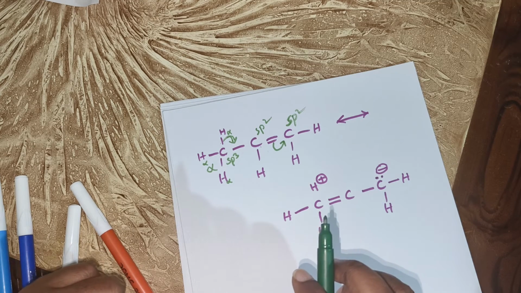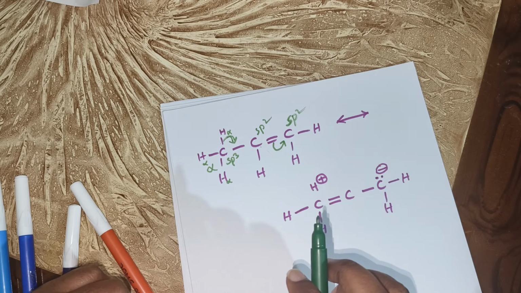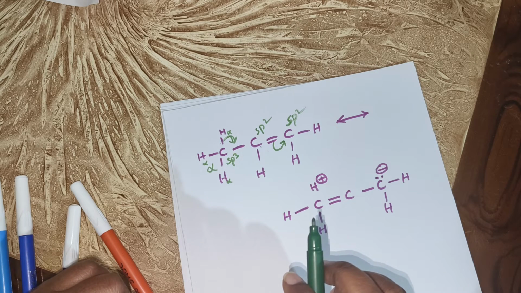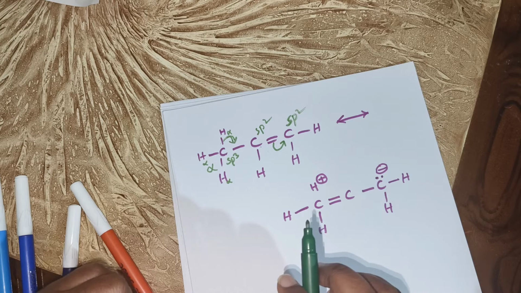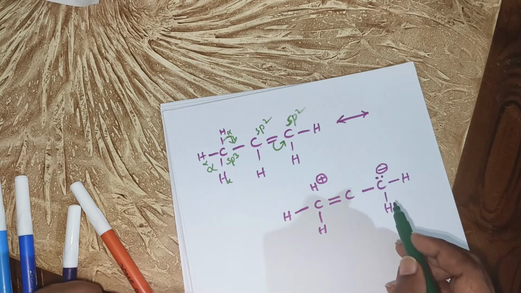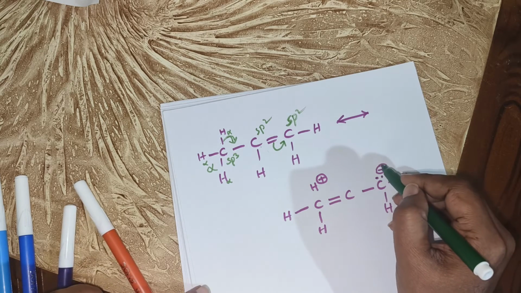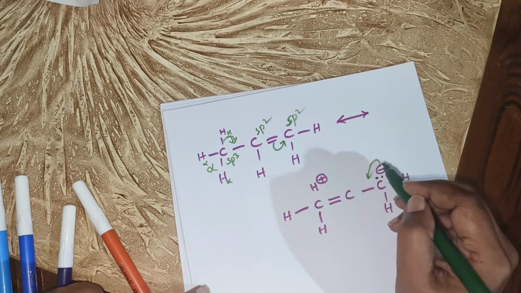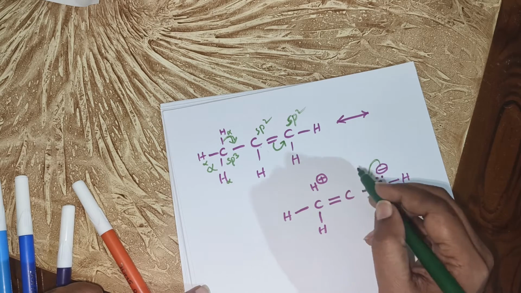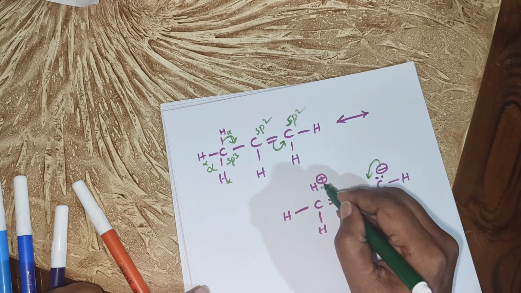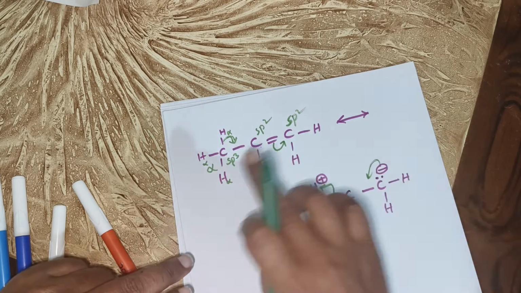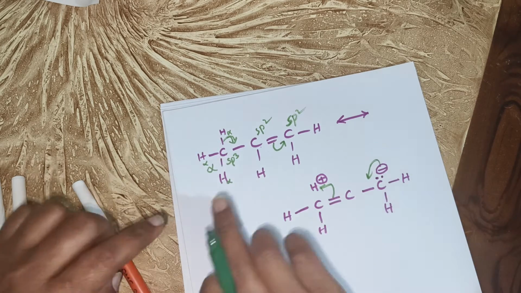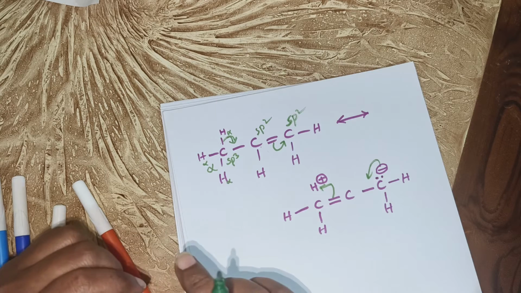How can they overlap? Let us see here. I'll show you. Okay. Yes, you see. Again, what happens in the reverse case? It is shifted towards this, and this bond is again shifted towards this. To and fro, back and forth, that process takes place.